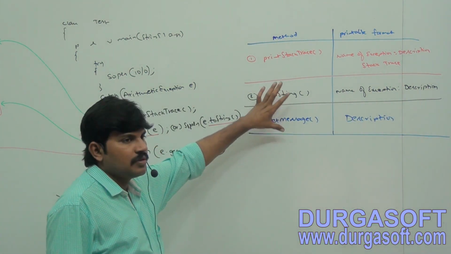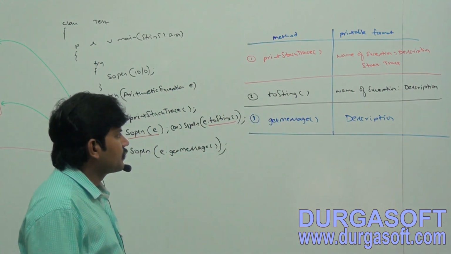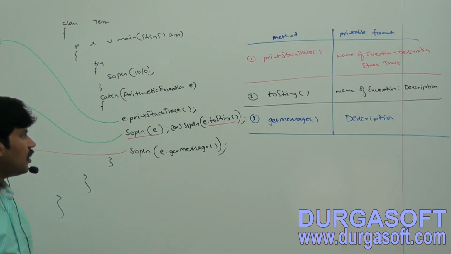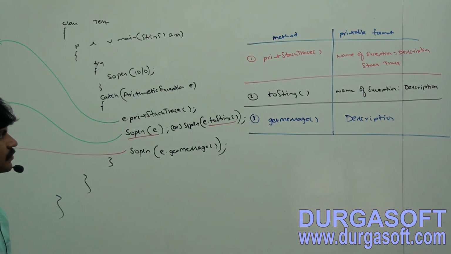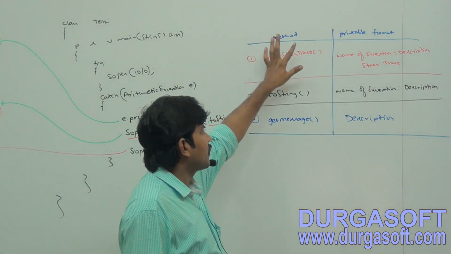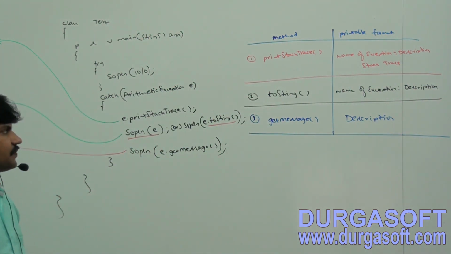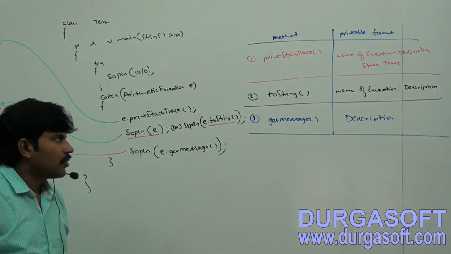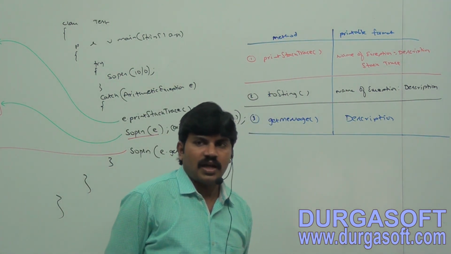Okay, take this part. Take the table: method, printable format. First one, printStackTrace: name of exception colon description followed by stack trace.